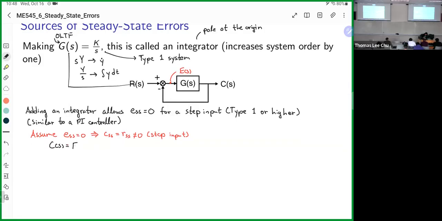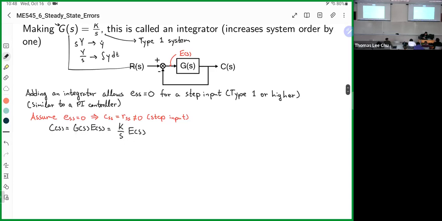C of S is equal to E of S multiplied by G of S. I like to write it this way instead, which is equal to K over S times E of S. When I take the inverse Laplace transform of C of S, I get C of t is equal to K times the integral from 0 to t, error at time tau d tau.